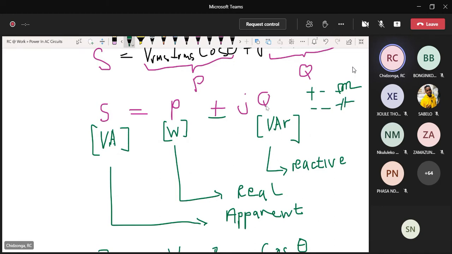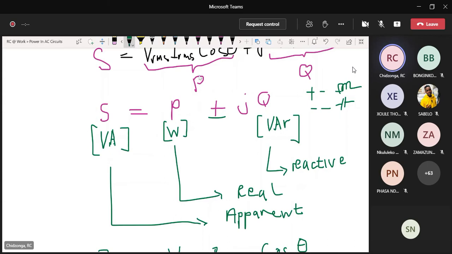So the reactive power component for a capacitor is negative, and for an inductor is positive. Apparent power, real power, reactive power. Very important parameters when we speak about the operation of electrical systems.